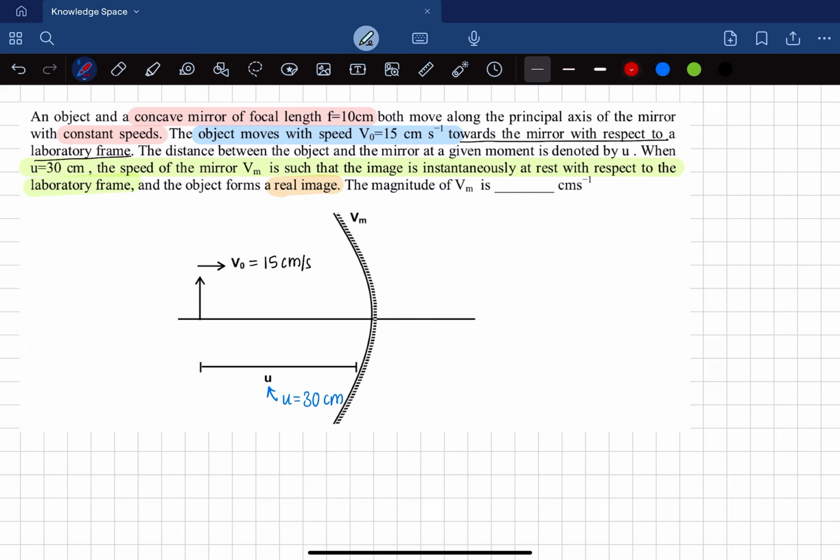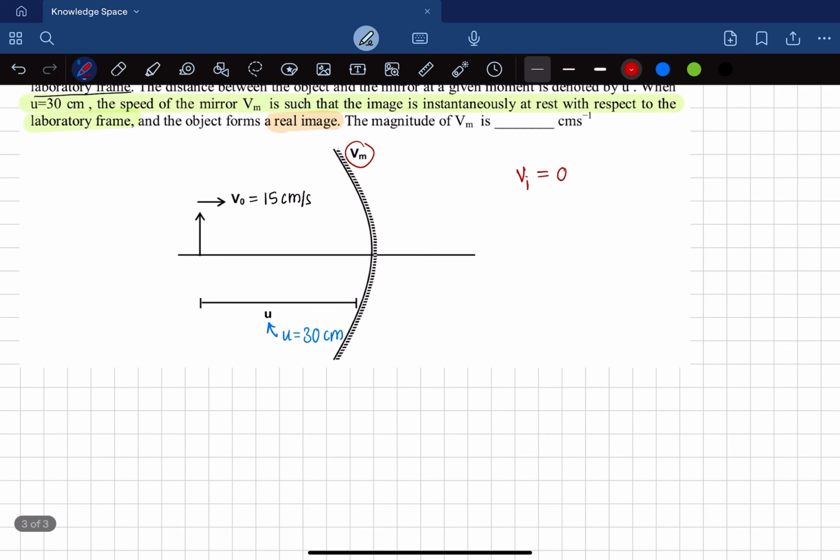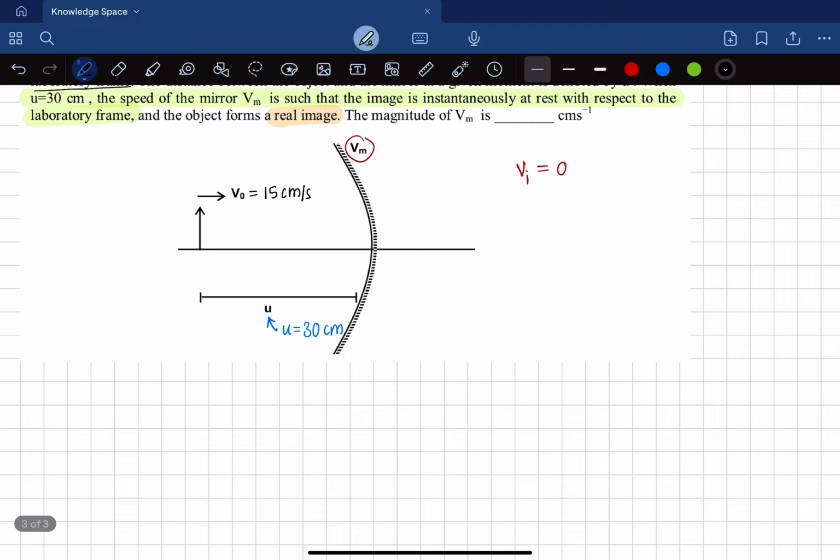Now, they told us that Vm is such that Vi, let's say Vi is the velocity or the speed of the image with respect to the laboratory frame, is equal to 0. That's what they told us at that instant. And the object also forms a real image. Now we have to find the magnitude of Vm. So I'm going to scroll down and let's start solving this.